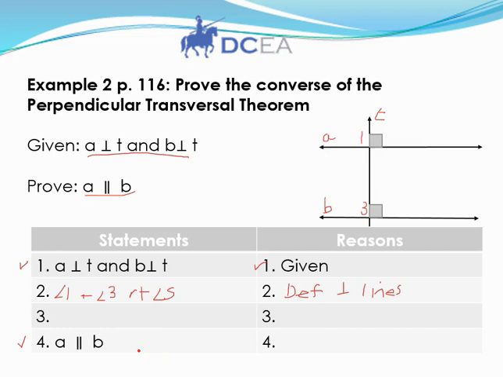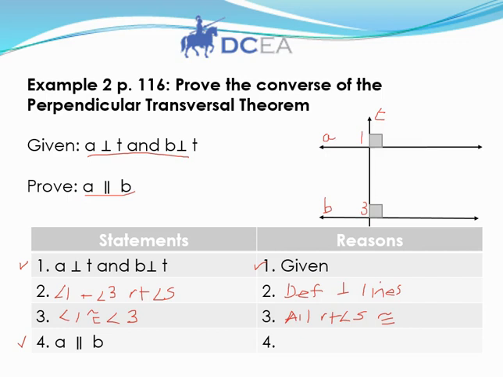So now we know that they're right angles. What do we know about right angles? Well, right angles are congruent. This right angle, angle 1, is 90 degrees. This right angle, angle 3, is 90 degrees. So let's state the congruency. Angle 1 is congruent to angle 3, and that is because all right angles are congruent.